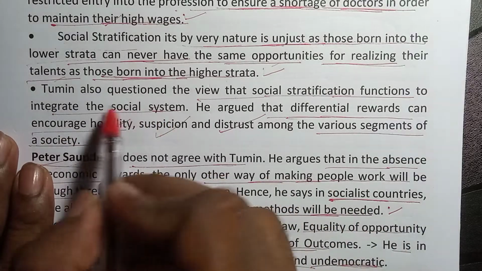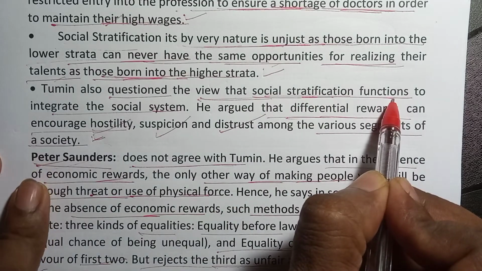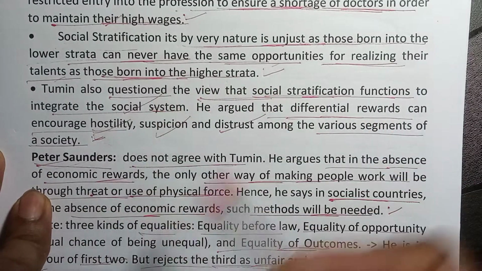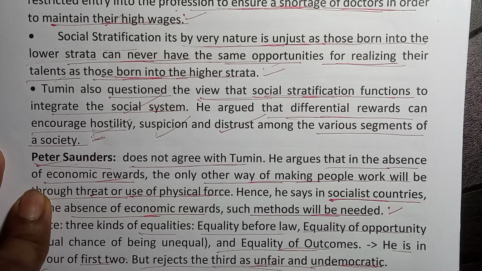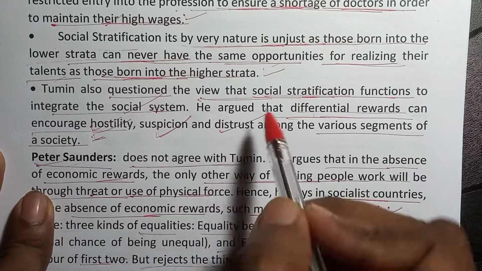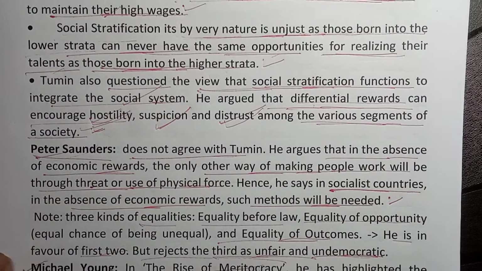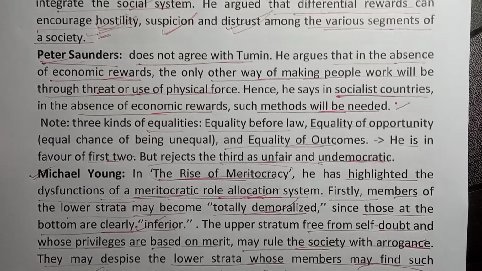Tumin also questioned the view that social stratification functions to integrate the social system. He argued that differential rewards can encourage hostility, suspicion, and distrust among the various segments of society. Now let us see what Peter Saunders is saying.